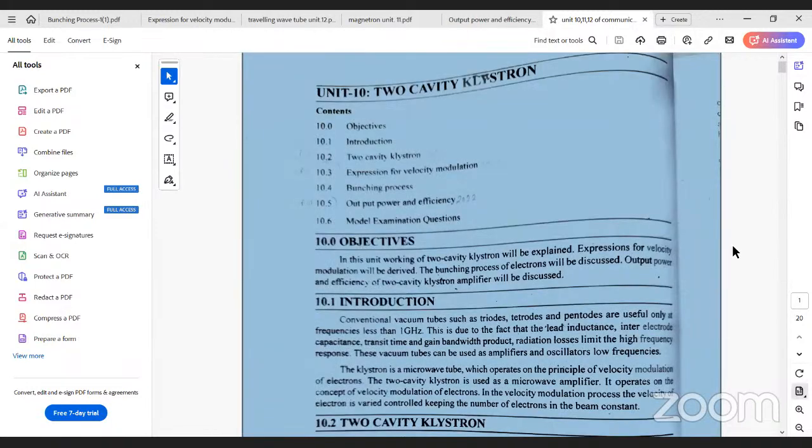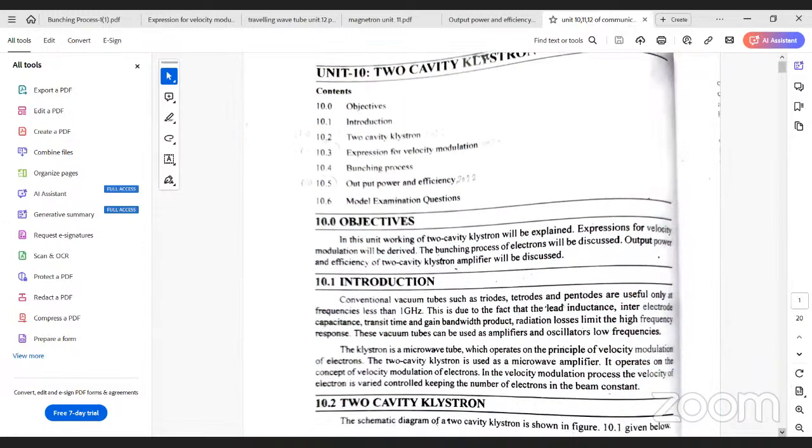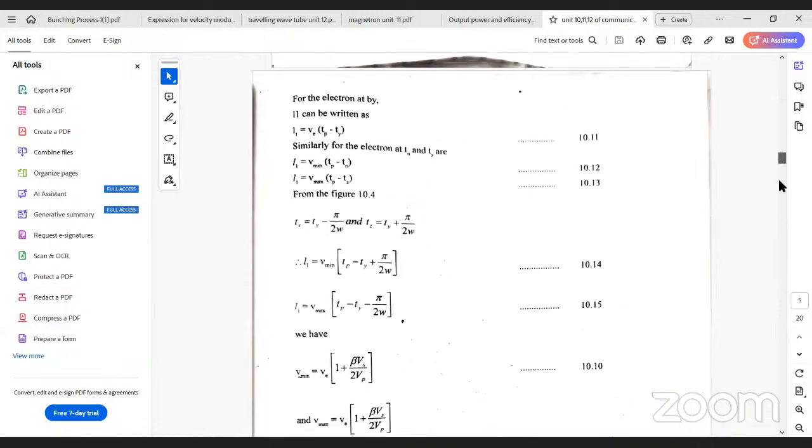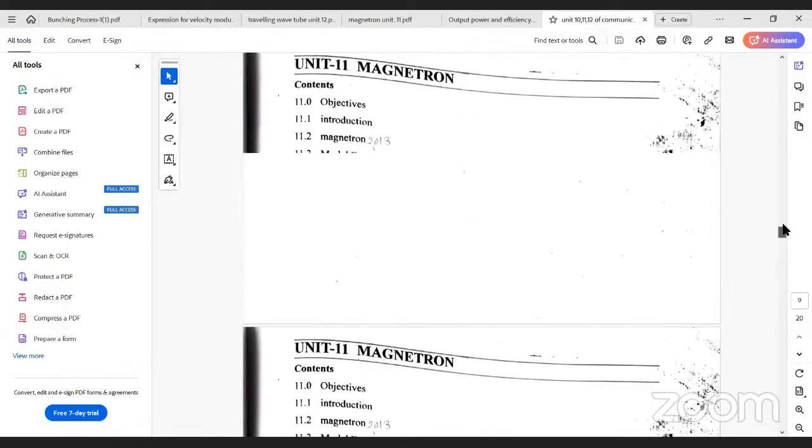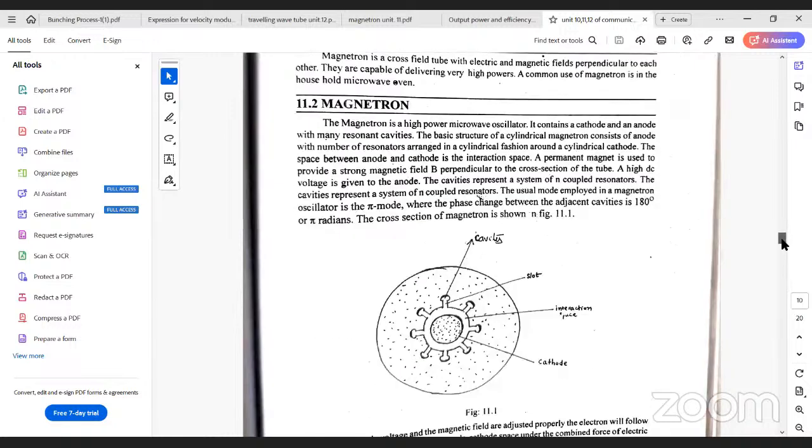Now which one are we seeing? We are checking the magnetron. What is the introduction given in this? We will check both the written part as well as the textbook format.